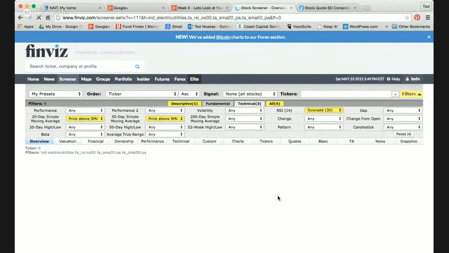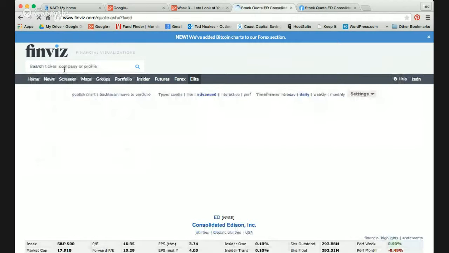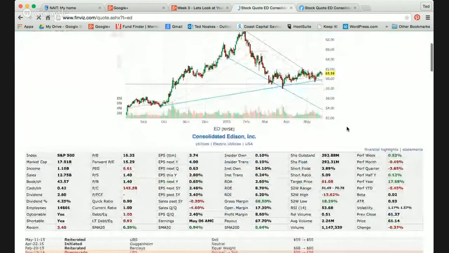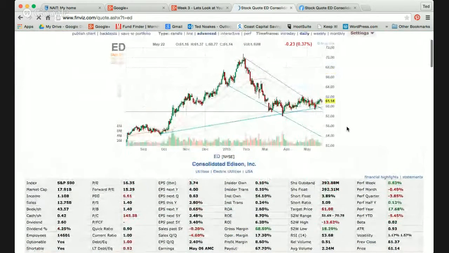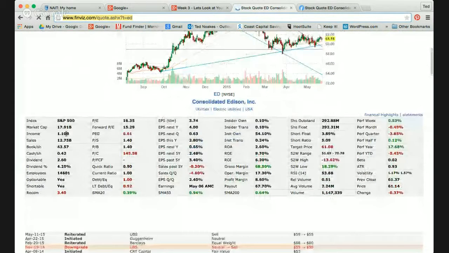The other way we could have done this is to go to Consolidated Edison, see the quote here, and simply ask those three questions: is it over the moving averages, and what is its RSI?